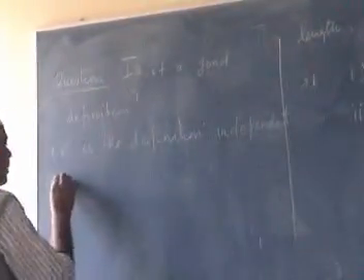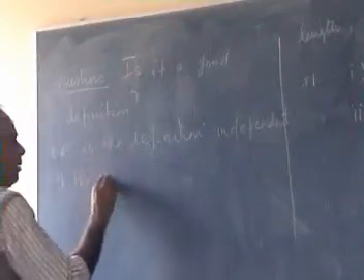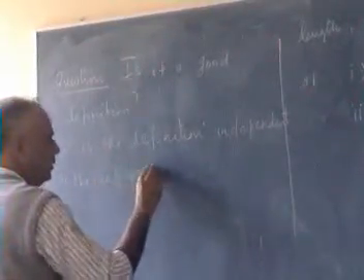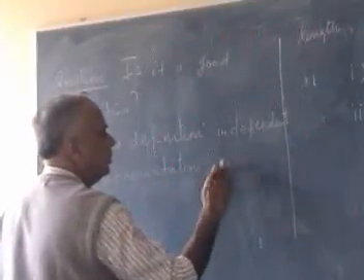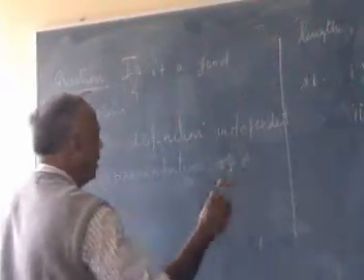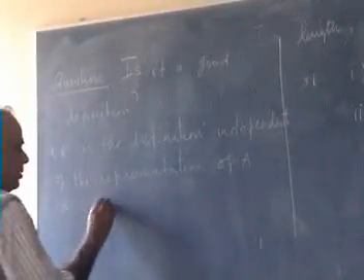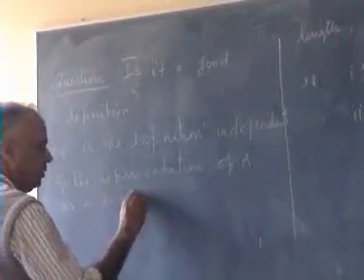So, in other words, is the definition independent of the representation used, the representation of A as a disjoint union of intervals?